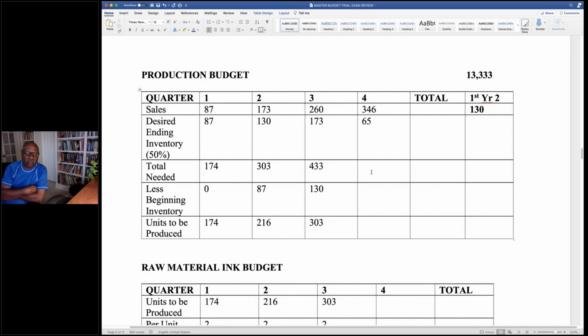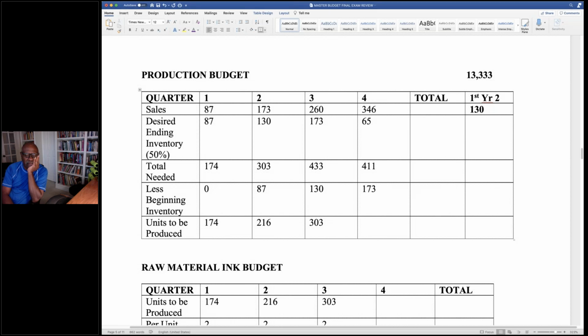You get 411. Then for our less beginning inventory, we would drag that 173 down. Subtract that from 411.